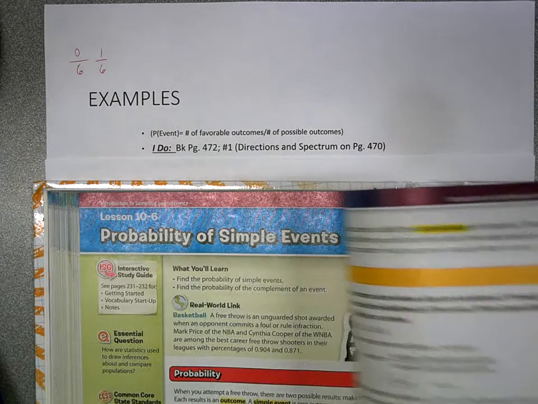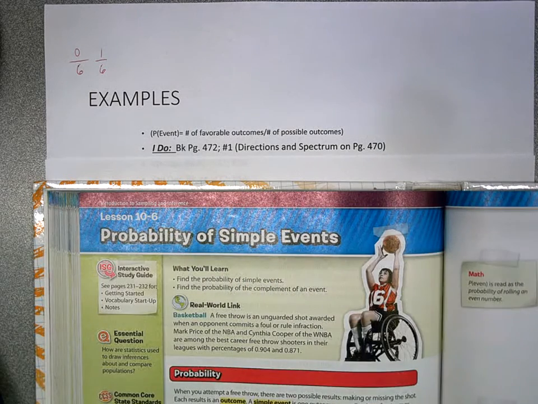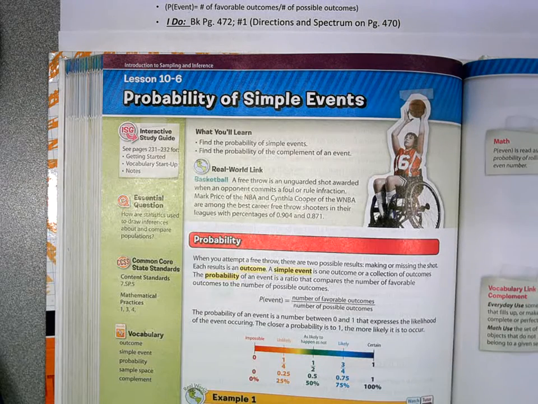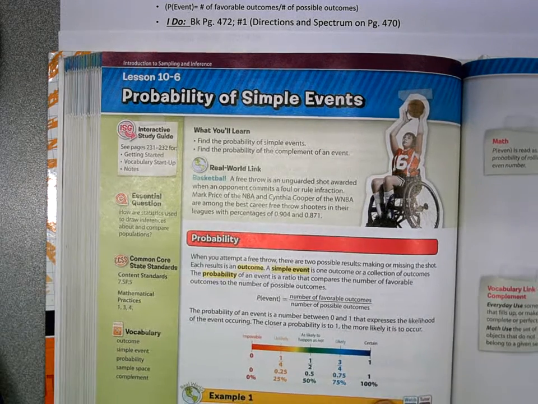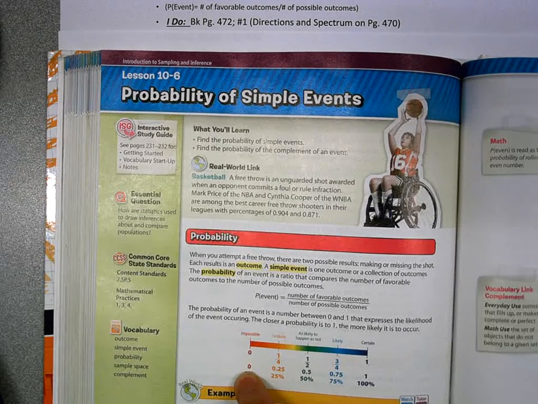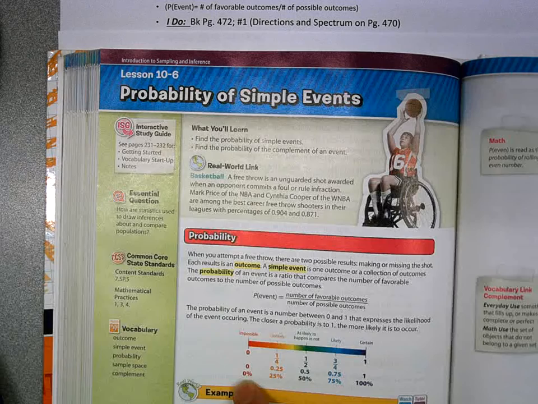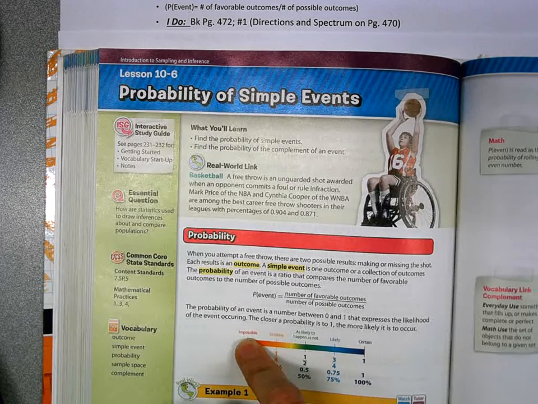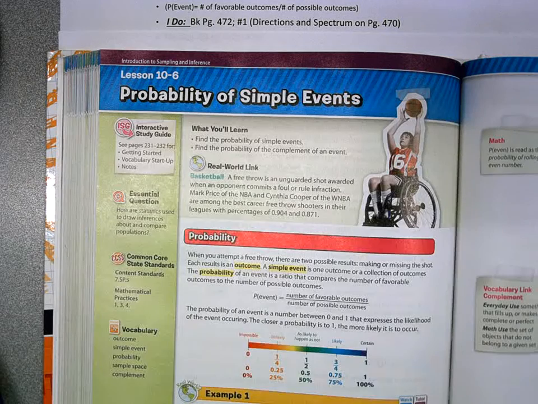So here's what I want you to do. Take your book, flip it back two pages, to page 470. This is what they're referring to. If it has as a decimal a 0, or as a percent a 0% chance of happening, like you guys just said, it's impossible. For something to be impossible, it has to be exactly 0.